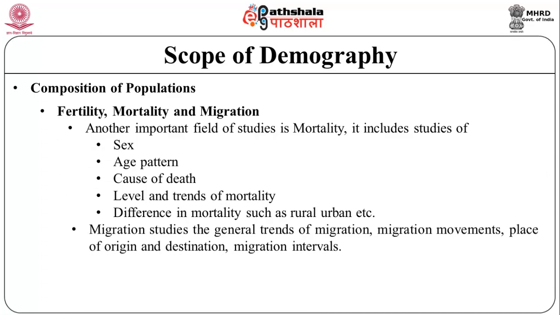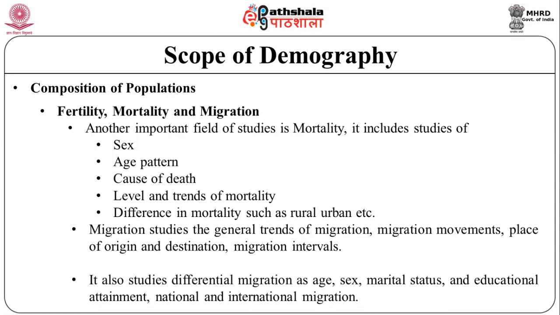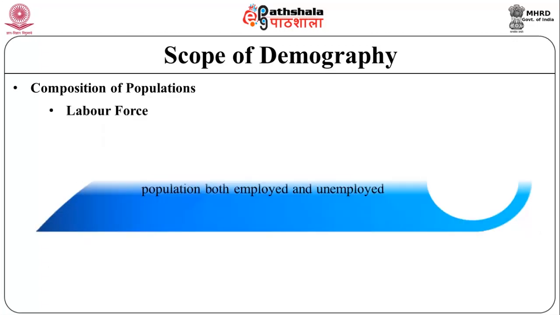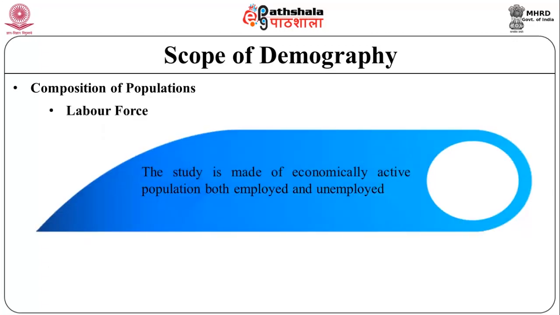Now, migration studies the general trend of migration, migration movement, place of origin and destination, migration intervals. It also studies differential migration by age, sex, marital status and educational attainment, national and international migration. Now, labor force. The study is made of the economically active population, both employed and unemployed.